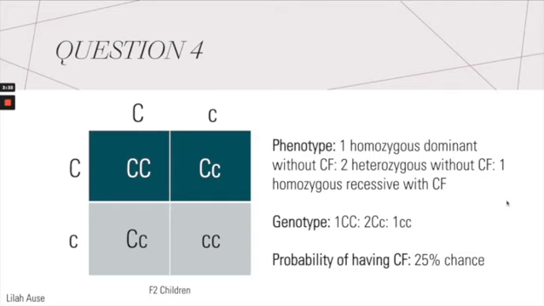The genotype would be 1 capital C capital C, 2 capital C lowercase c, and 1 lowercase c lowercase c. And that 1 with the 2 lowercase c's is the one with the 2 recessive alleles, and that would be the only chance that they would have CF if their parents were heterozygous with that CF gene. So again, the probability of having CF for the children, the F2 generation, would be 25%.